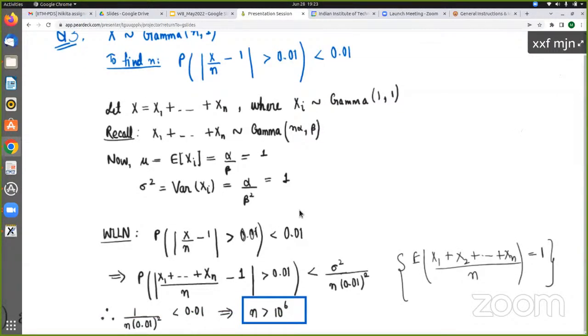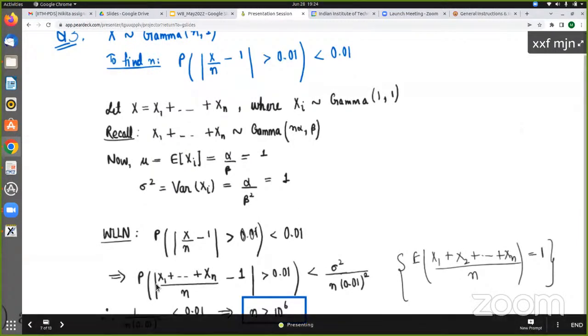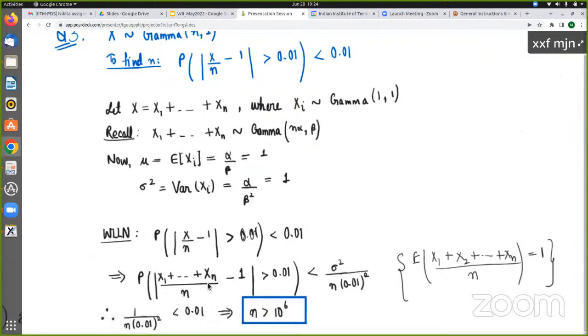Now what we have to find is the probability that the mod of X by n minus 1 is greater than 0.01 is less than 0.01. Why are we writing it as variance of X when we already converted? Because X is assumed to be a summation of Y's. Consider this as Y1 plus Y2 until Yn divided by n minus 1.